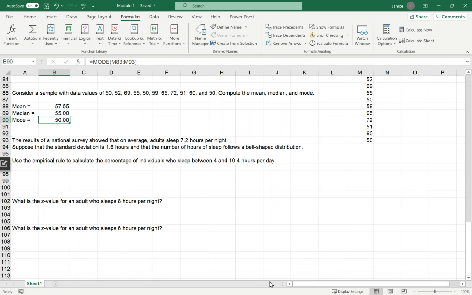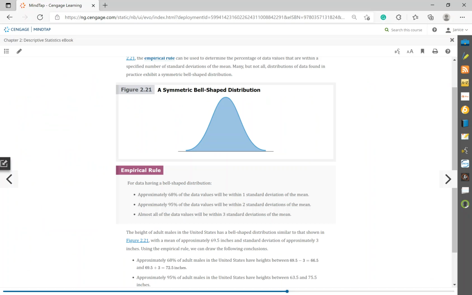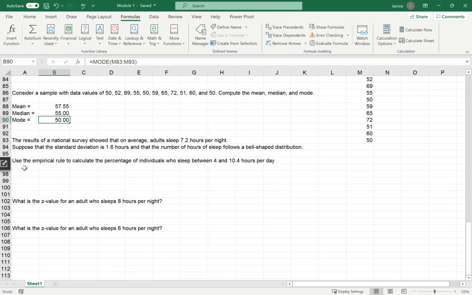So in Chapter 2, the empirical rule says that approximately 68% of the data will be within 1 standard deviation. So let's break this down: 68% is 1 standard deviation.